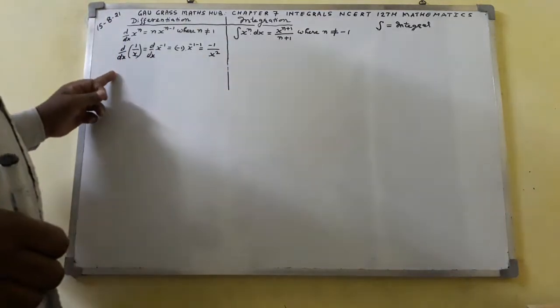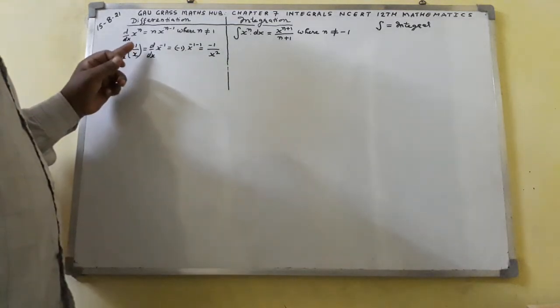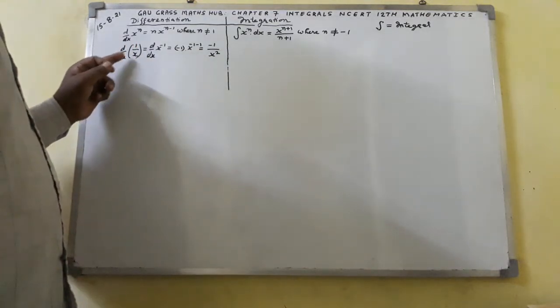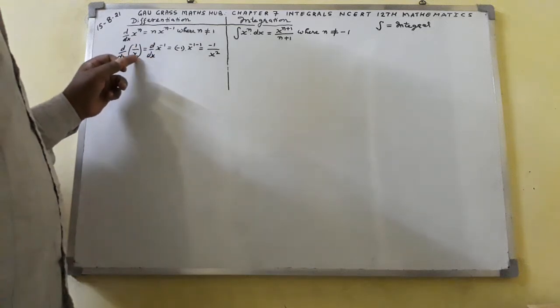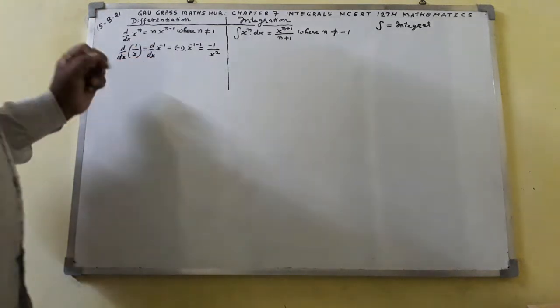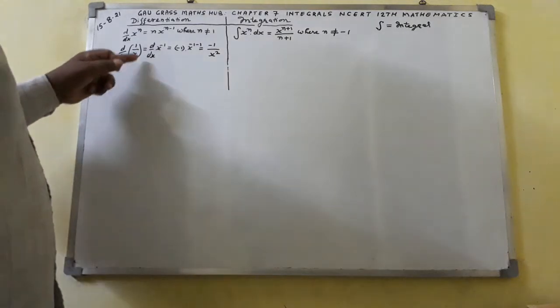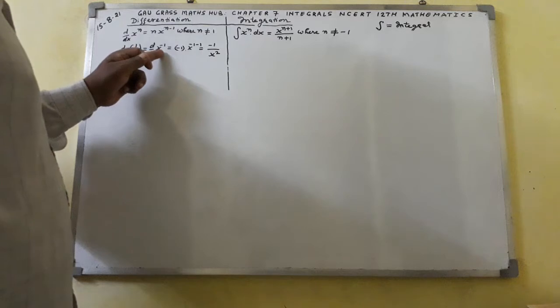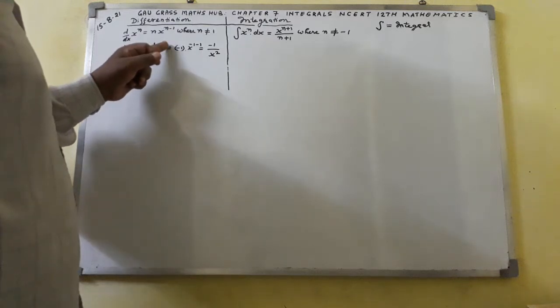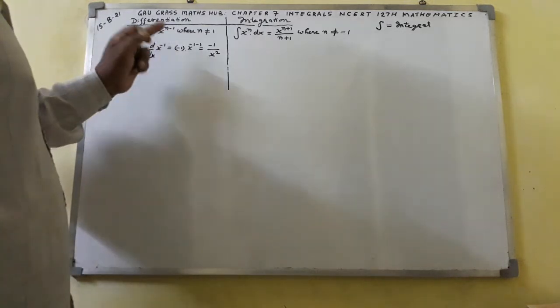d over dx of 1 over x equal to d over dx. Here x raised to the power 1 is available, this can be written as x raised to the power minus 1. d over dx of x raised to the power minus 1. Apply this formula.